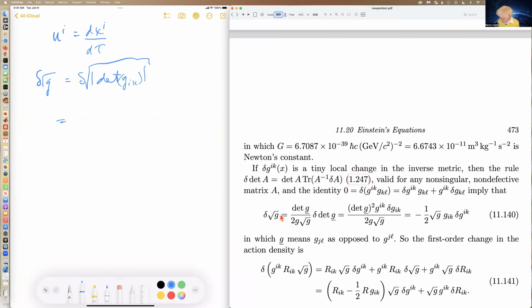And so this is 1/2 the square root of g in the denominator times the change in the determinant of g.